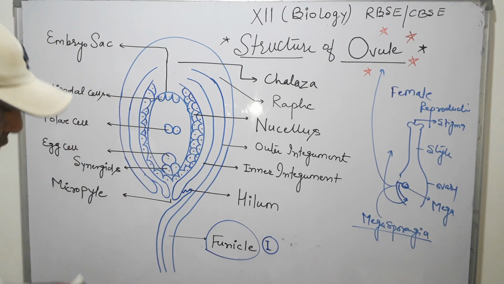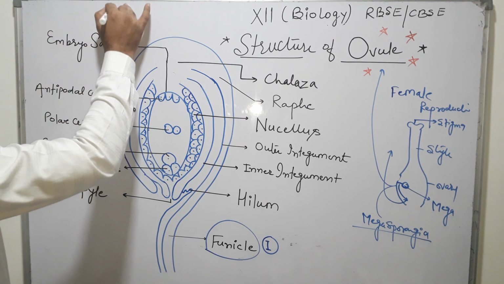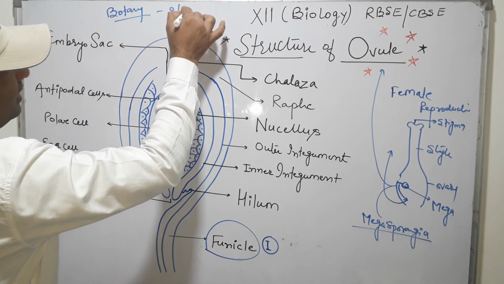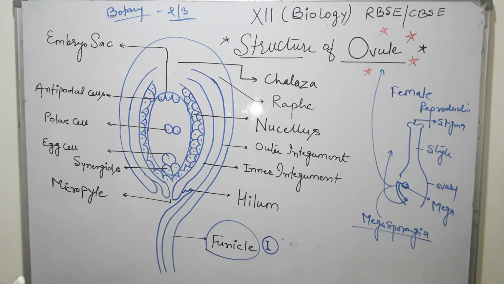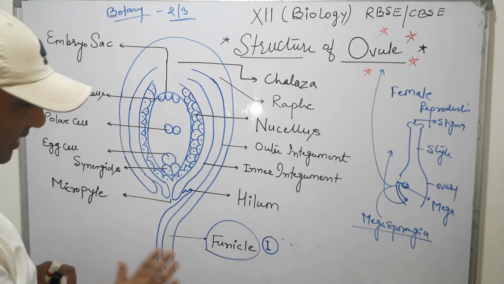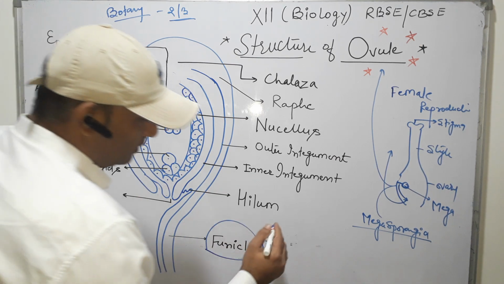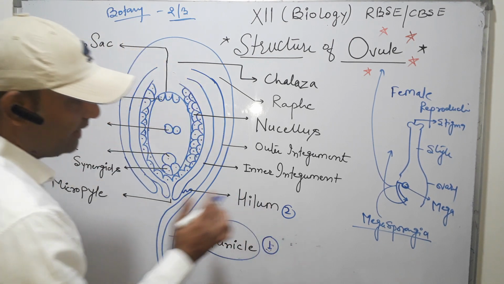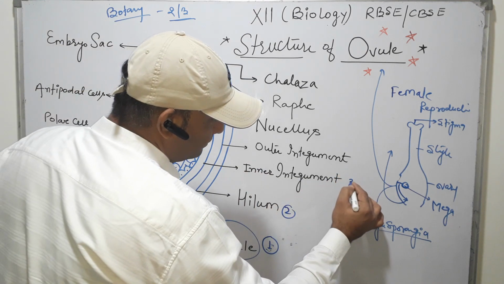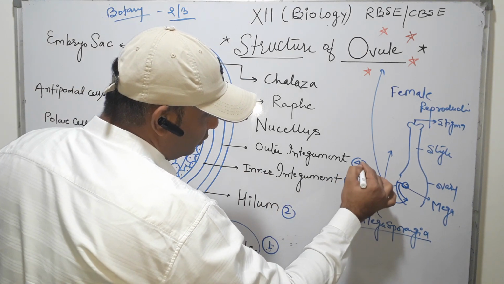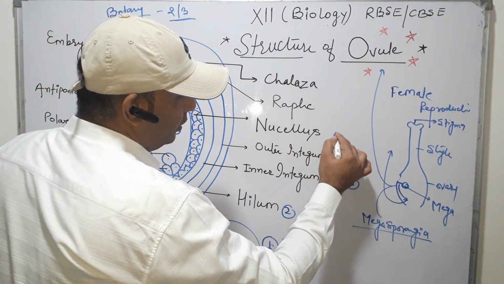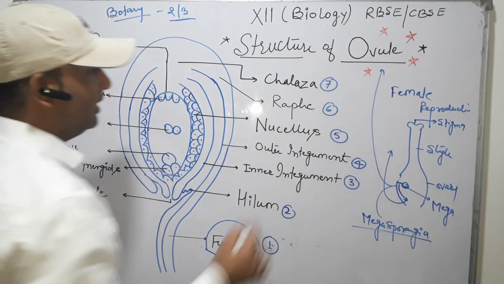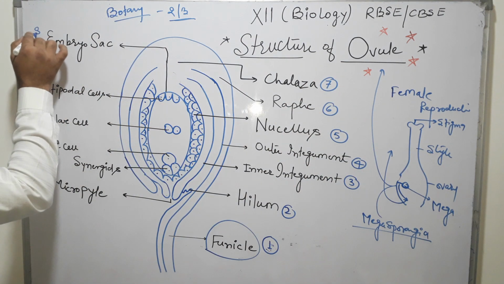As we know, in the board examination this is part of botany, and 2 or 3 mark questions may come, so we have to write systematically. First part funicle, second part hilum, third part integuments, fourth part is integuments, fifth is nucellus, sixth is raphe, seventh is chalaza, and eighth is embryo sac.